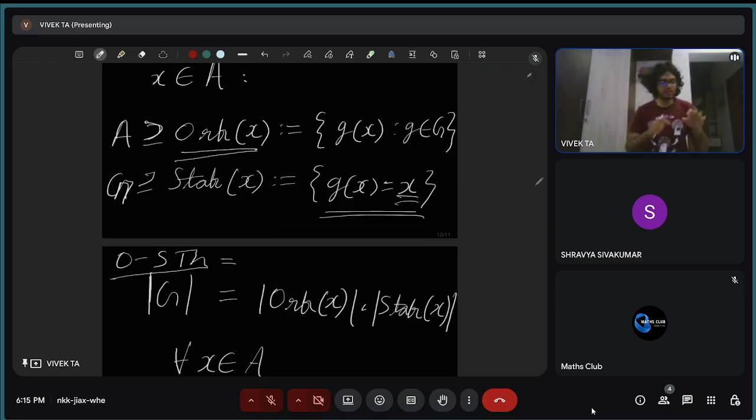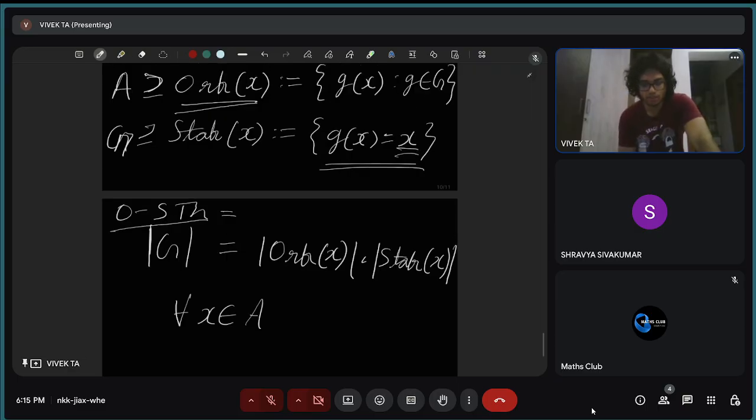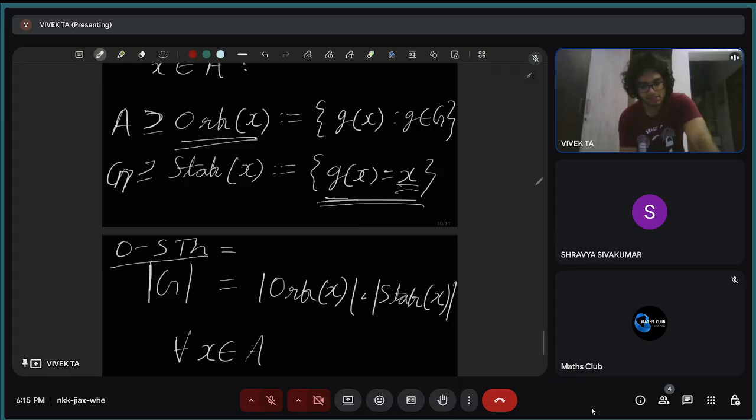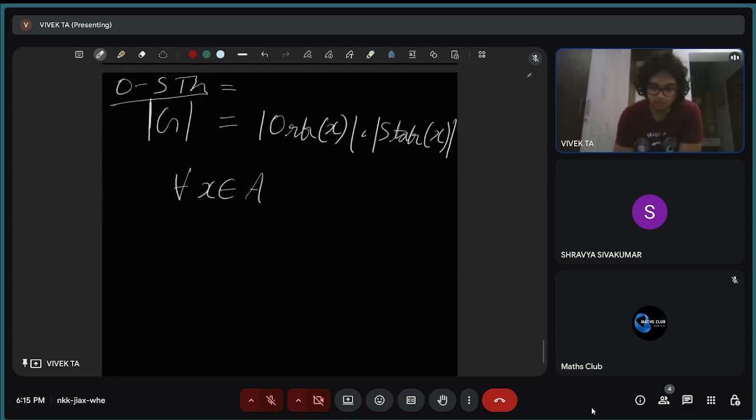So for each element you take the set of all elements that are not distinct, that is the stabilizer, and then you multiply. As you said, just try to think on it a bit more, because believe me, this is a very easy concept to think about. Actually, why not just directly try to prove it?